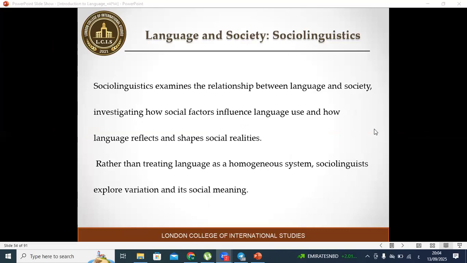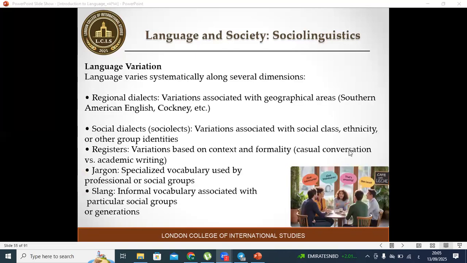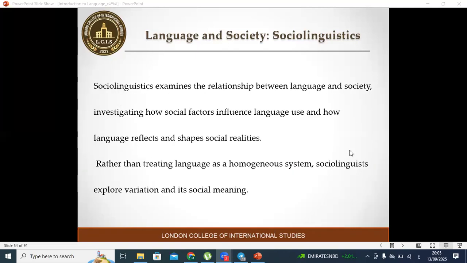So, sociolinguistics examines the relationship between language and society, investigating how social factors influence language use and how language reflects and shapes social realities. Rather than treating language as a homogeneous system, sociolinguistics explores variations and their social meanings.